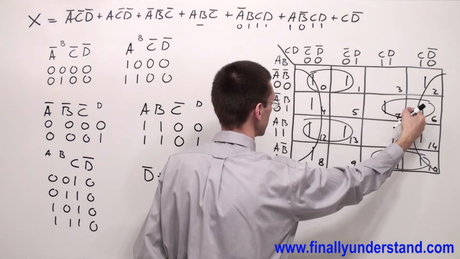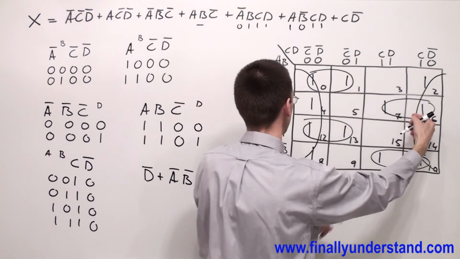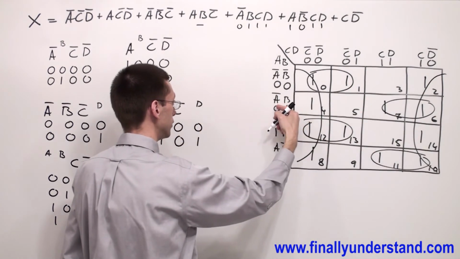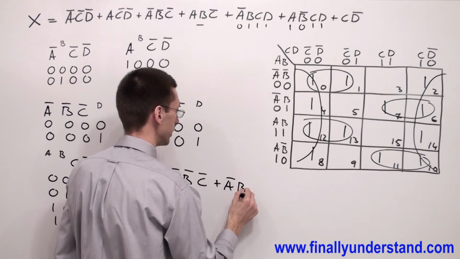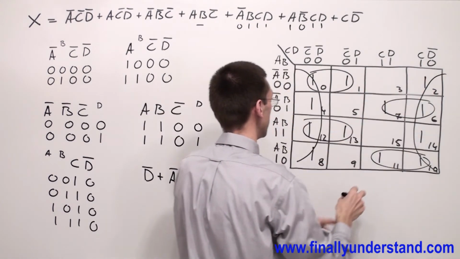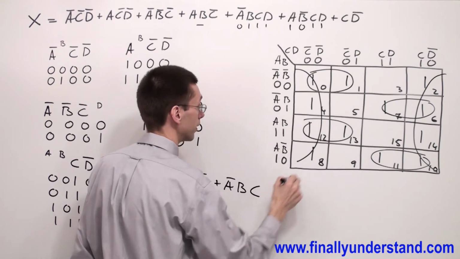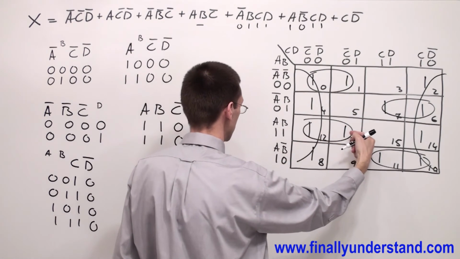This group is placed in 1 row and 2 columns. At the side of this row I have A naught, B, and at the top of these 2 columns I have C. I'm finished with this one. Let's take a look at this one.